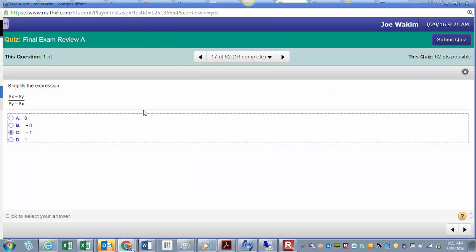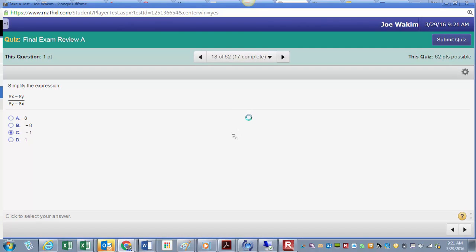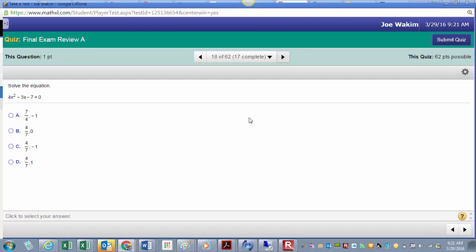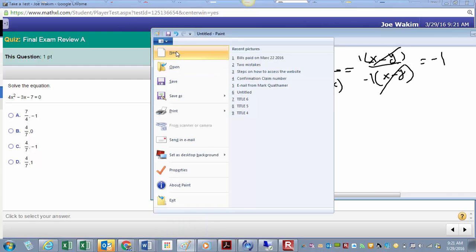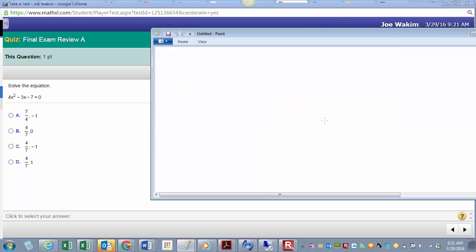Let's try number 18. Solve the equation. Now to solve a trinomial, we have to factor first and then use the zero property to solve for x. Okay, so we have 4x squared minus 3x minus 7.